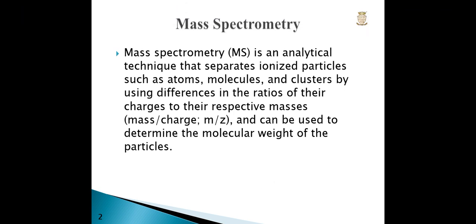Mass spectrometry. Mass spectrometry is an analytical technique that separates ionized particles such as atoms, molecules, and clusters by using differences in the ratio of their charges to their respective masses, and can be used to determine the molecular weight of the particles.